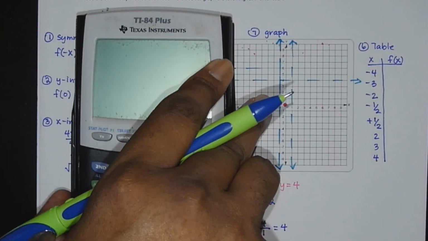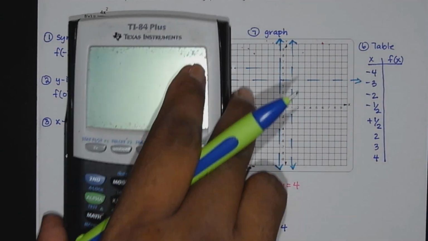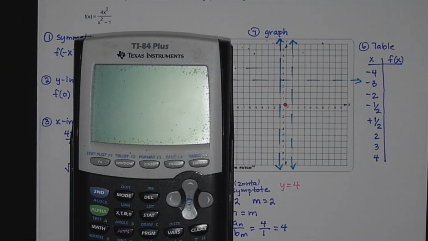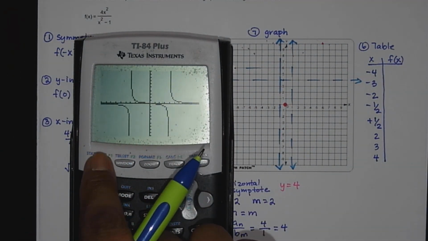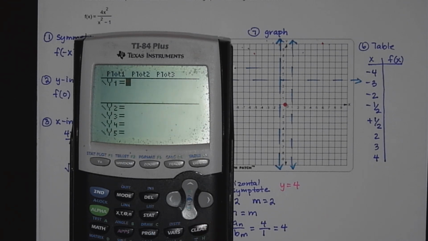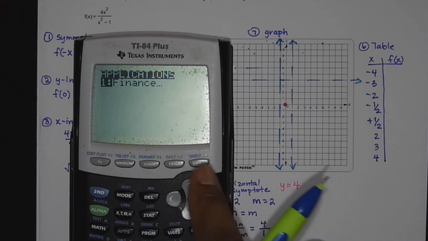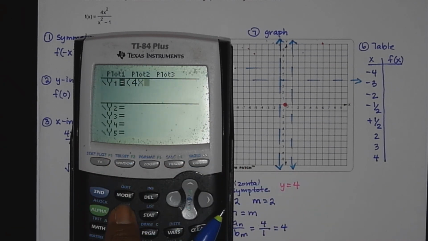All right, so here's what I'm going to do. Use my graphing calculator. I'm going to go to y equal 2, and I'm going to clear this equation out. The numerator is 4x squared. I'm going to put that in parentheses. So I'm going to use the left parenthesis, press the 4, press the X,T,theta,n button for the x. That's this button right here.